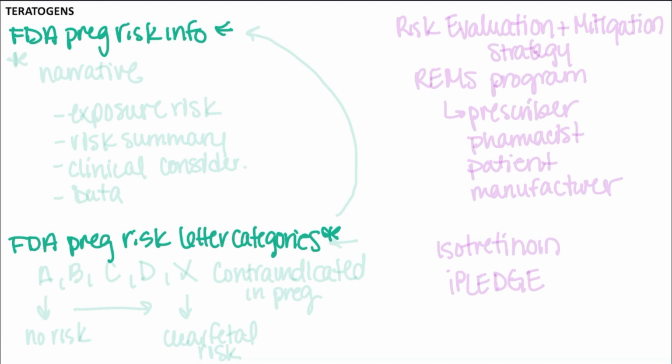So the letter categories, just so you know, included A, B, C, and D, and then X ratings.